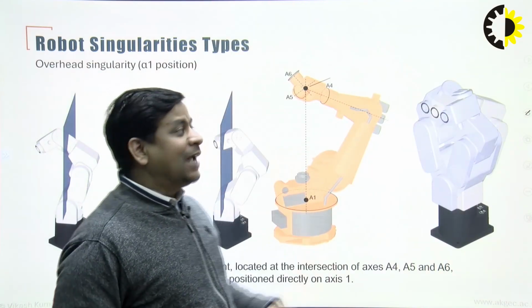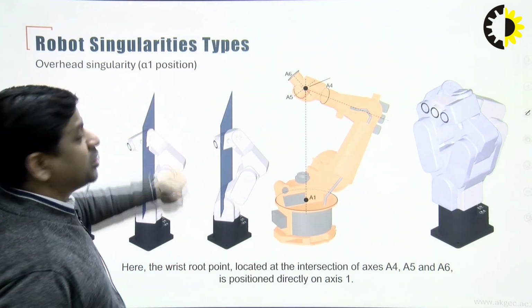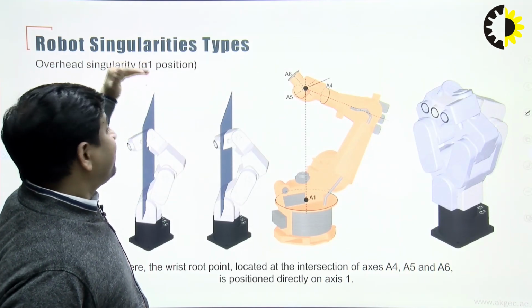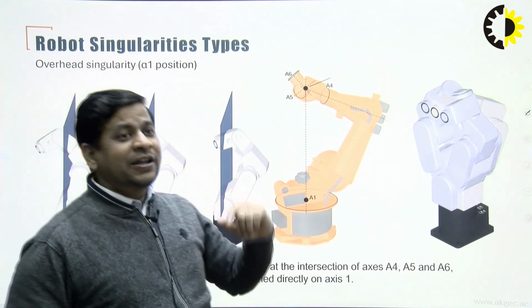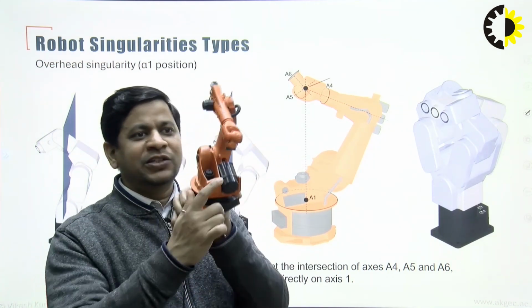Let's discuss the types of singularity. The very first singularity that comes into the picture is the alpha 1 position singularity. Why is it alpha 1? Because for defining this singularity, we are taking reference of axis 1. If you see, this model has axis 1 here.